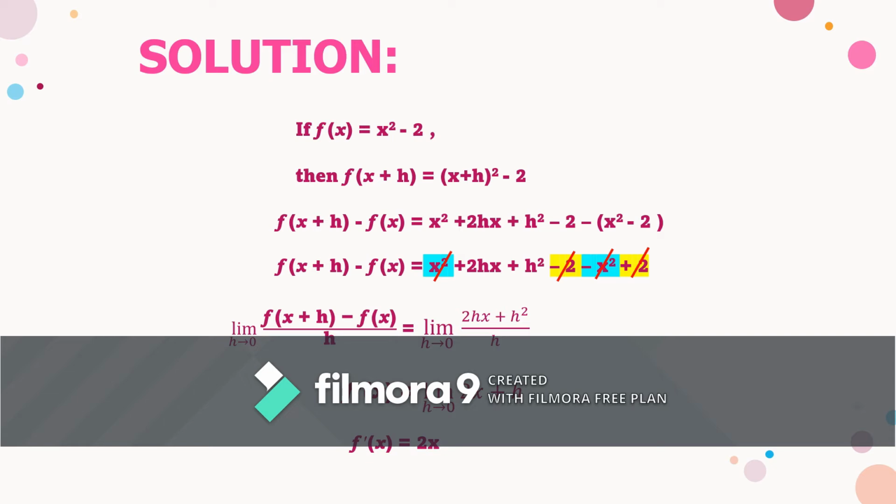And then we will find its limit. So the limit of 2x plus h as h approaches 0 is 2x. Why? We just give the value of h as 0 since h approaches 0. That's why what is left is 2x, and 2x here is already the value of the derivative.